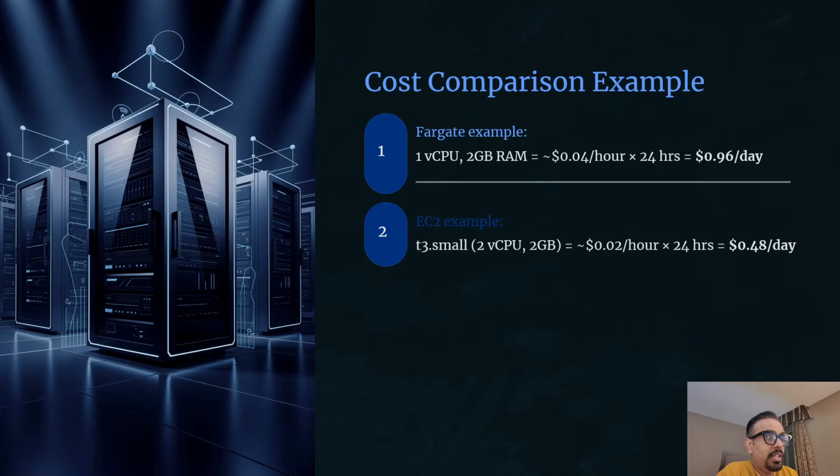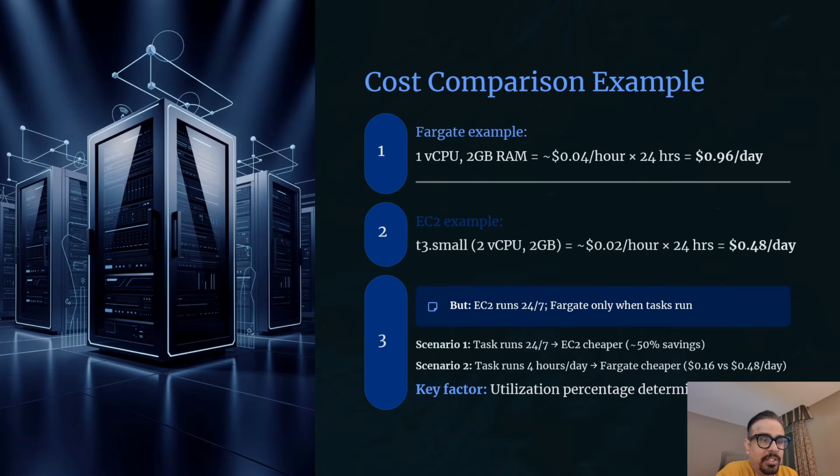Now a T3 small EC2 instance with two virtual CPU and 2 GB costs about 0.02 per hour or $15 per month. So on the surface, EC2 seems cheaper for you, right? Compared to the previous example where you can see Fargate is having more cost compared to EC2.